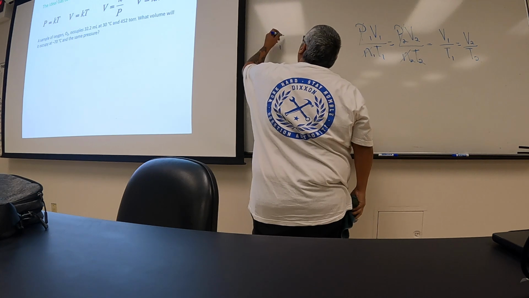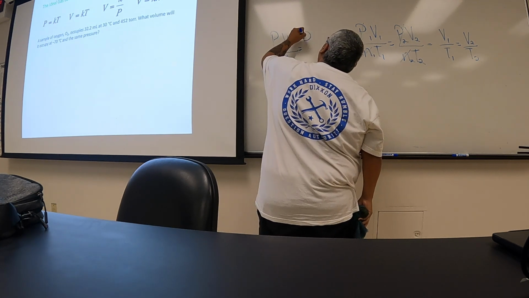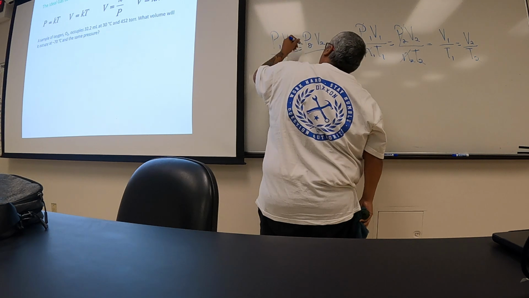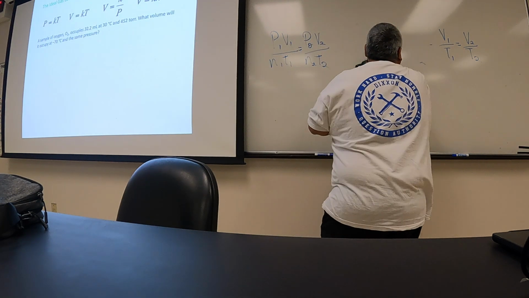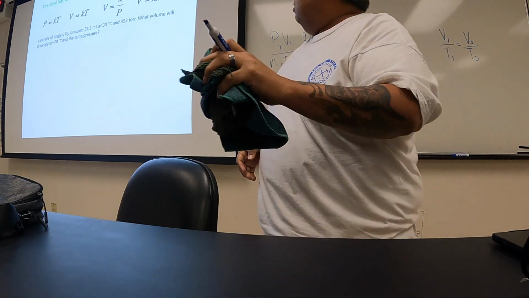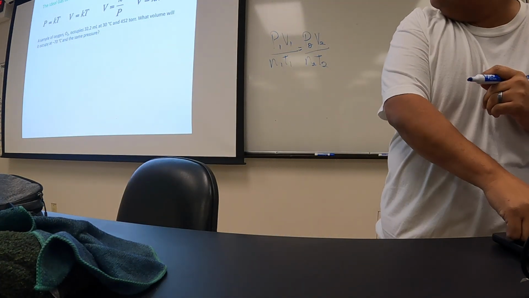We have P1V1 over n1T1 is equal to P2V2 over n2T2. All right. Let's see here.